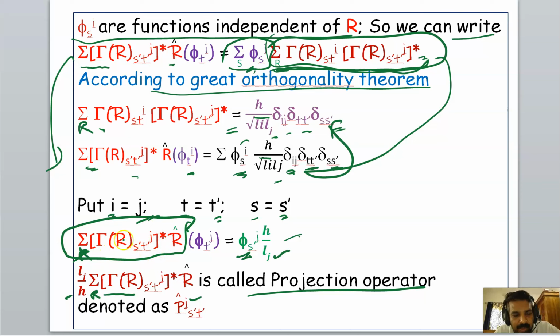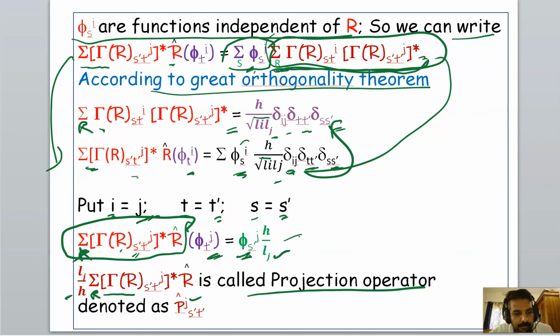It is a character of the operator r in the s dash column and t dash row at the jth representation, into an operator r, and it is acting on a function phi ti.